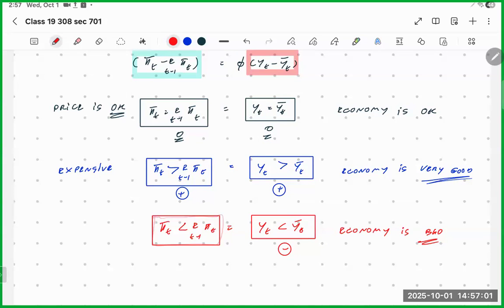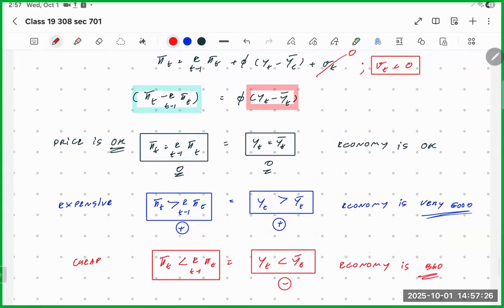Inflation is lower than what people expected. So it means everything in the economy is quite cheap. When the economy is bad, everything becomes cheap because nobody buys it. When everything is very good, everything becomes more expensive because people are spending too much. Okay, it should make sense in this way. Any question here?